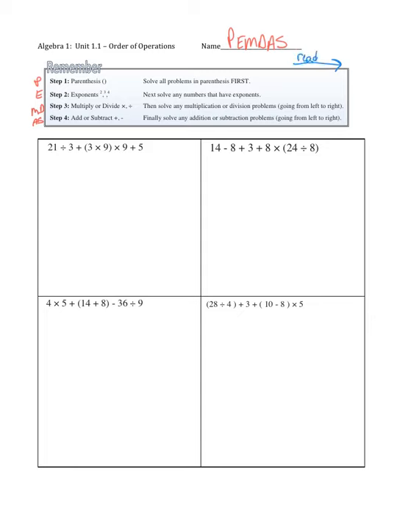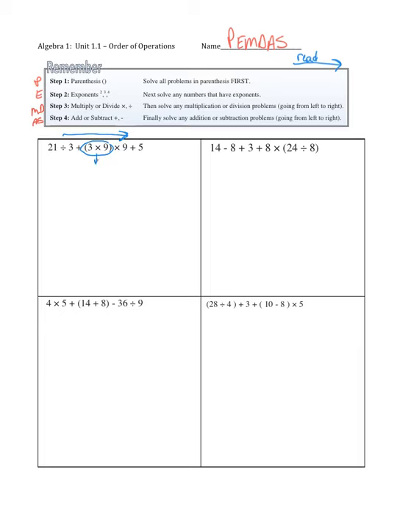So when we look at equations, we're going to look at them left to right. But we still have to solve these things using the order of operations. So the first operation, I see a parentheses. So that's the first thing I'm going to do.